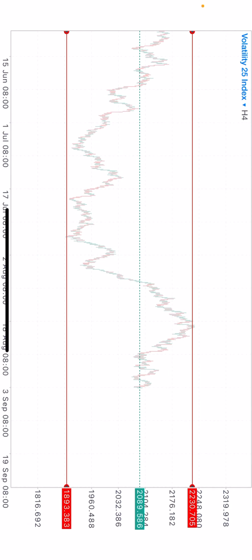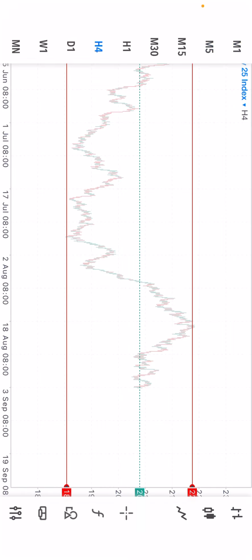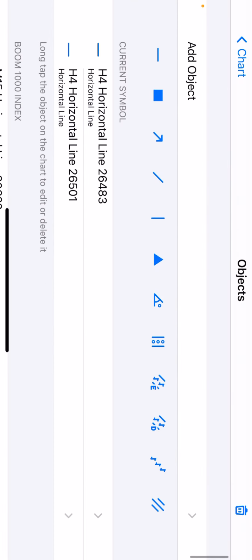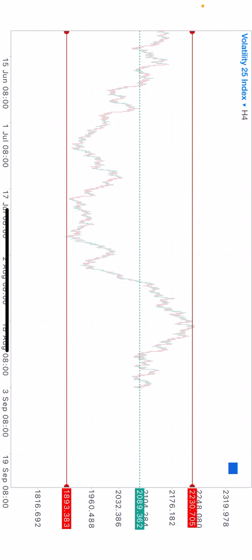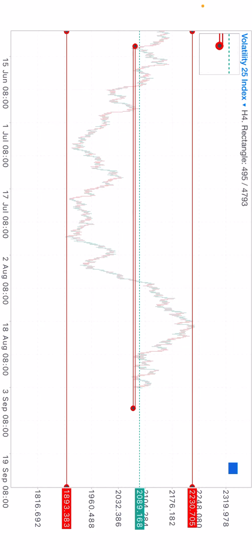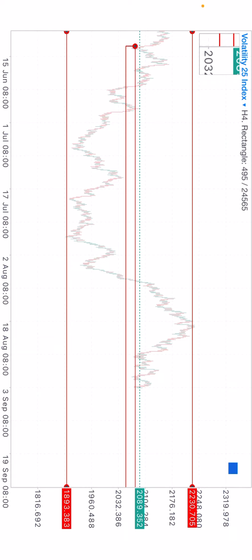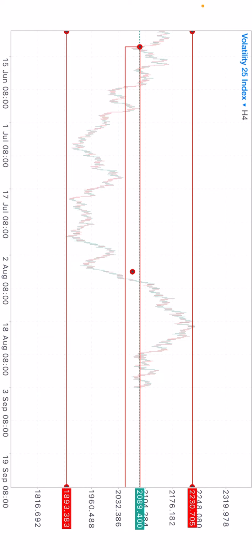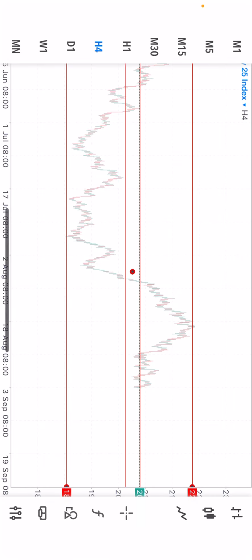We're very far away from our support. We're probably heading there. I've got this support, and then of course I have got some zones that are being respected. So anything within this zone was being respected, and I'm already seeing some channels forming.